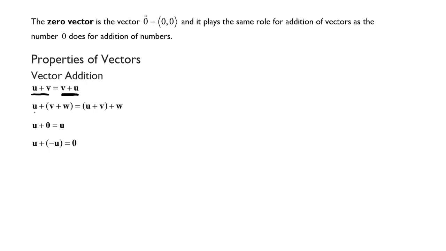If we take the vector u plus grouping v plus w, it will be equivalent to grouping u plus v and then adding the vector w at the end. If we add 0 to a vector, we still have the same vector. And if we subtract the same vector from itself, we get the 0 vector, which means there's no displacement.